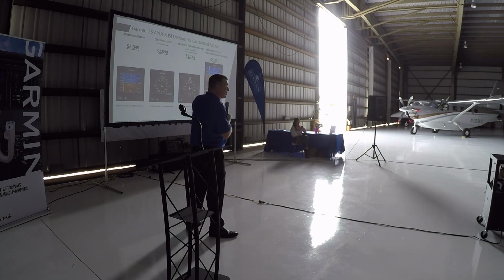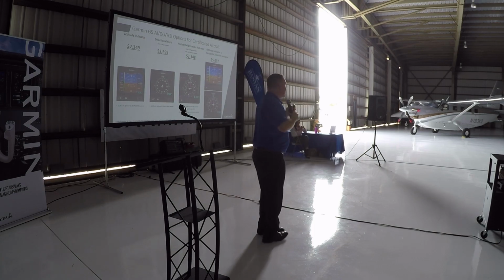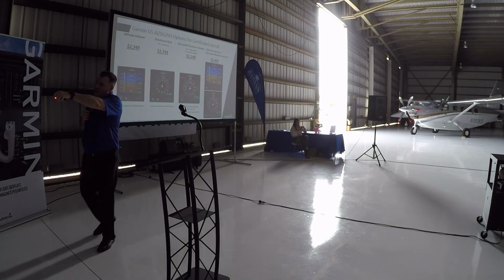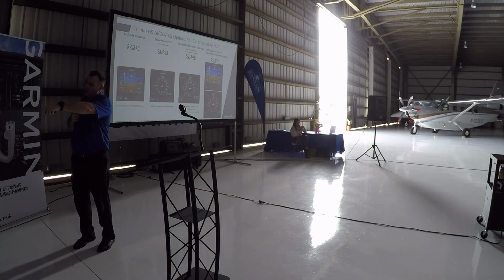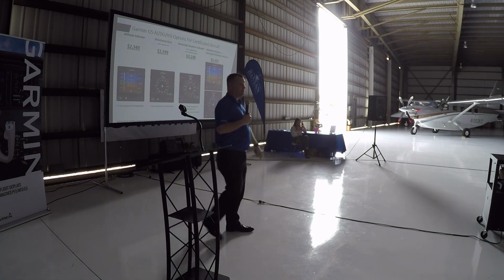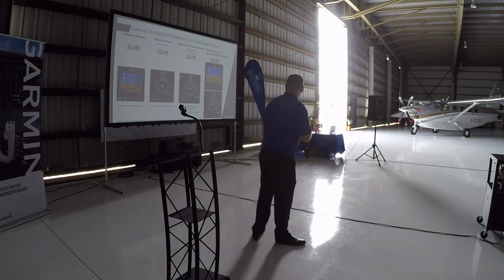And then it also comes with an interface box so that you can display your glide slope and localizer status, and can talk to third-party autopilots. So that HSI comes standard with both the magnetometer and that interface box.